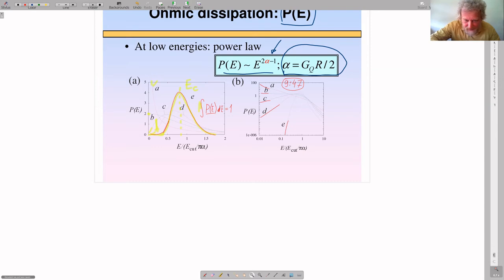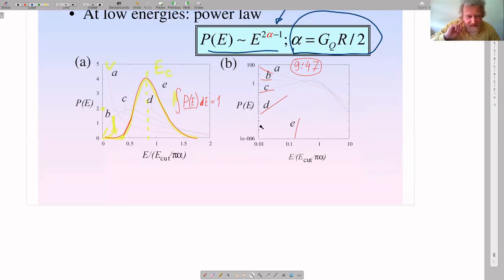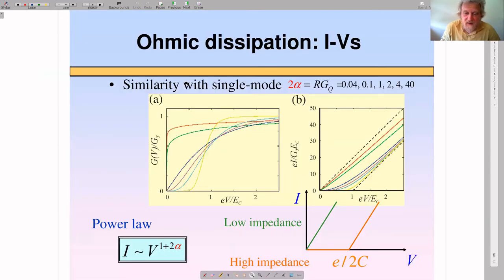We basically understand that it's a power law at low energies and some function at higher energies, which at big resistances has the form of a Gaussian peak. Let us apply it to tunneling. Let us look at the tunneling current under these circumstances.